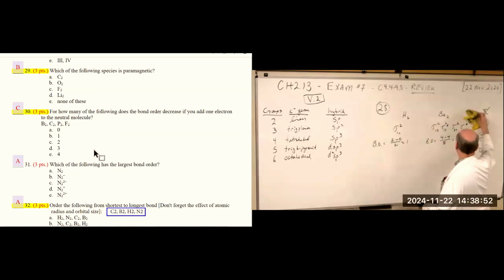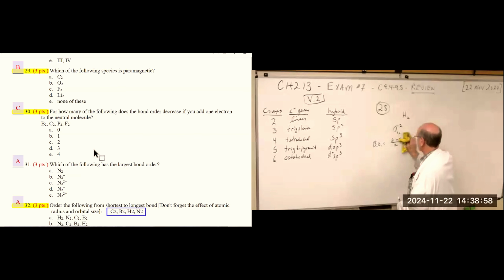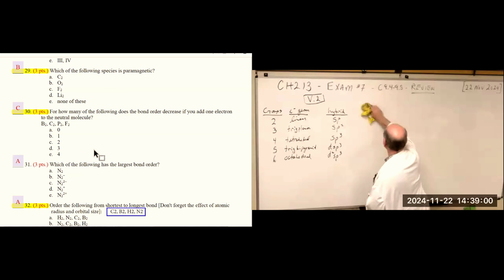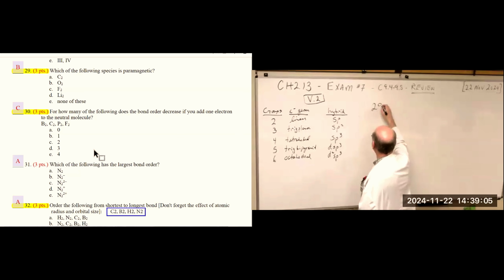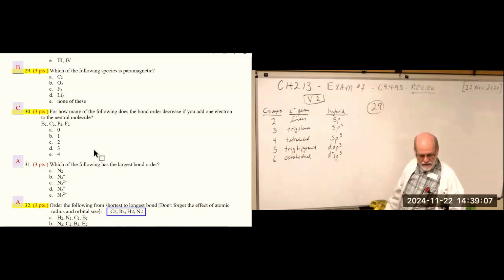29. Okay, which of the following species is paramagnetic?